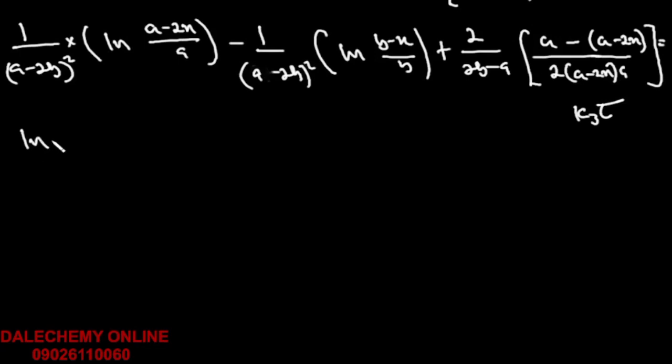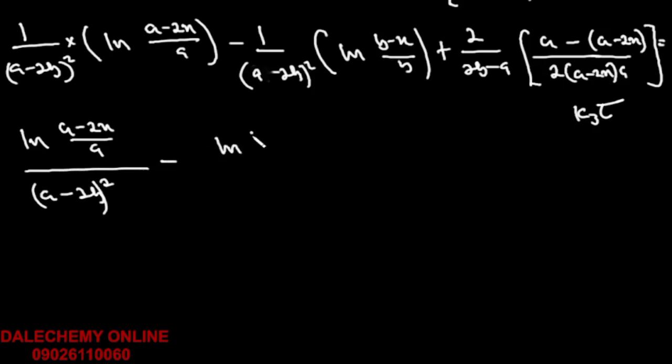Then we have, it's like multiplication. So we can have ln(a minus 2x) over a, then divided by (a minus 2b) squared. Then minus, also we have ln(b minus x) over b divided by (a minus 2b) squared.